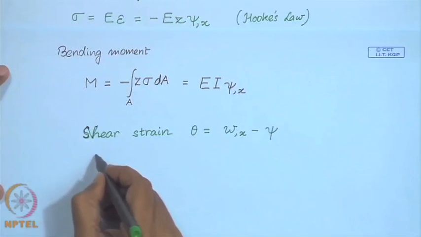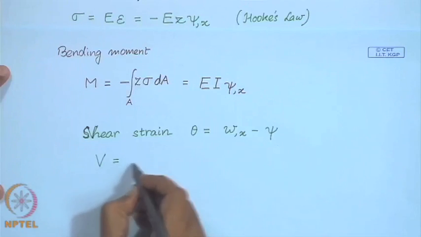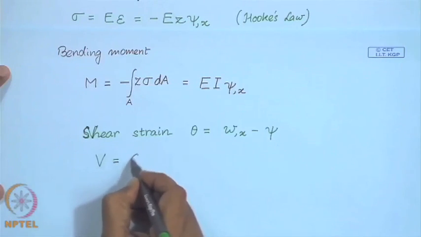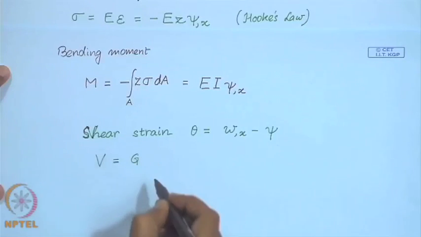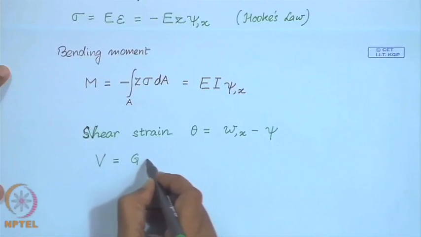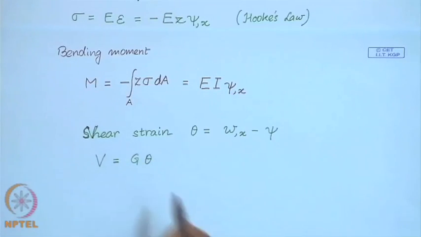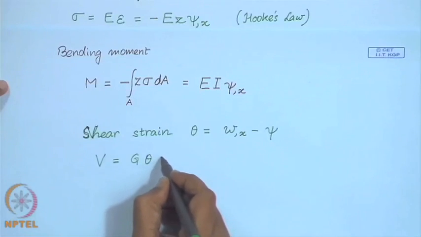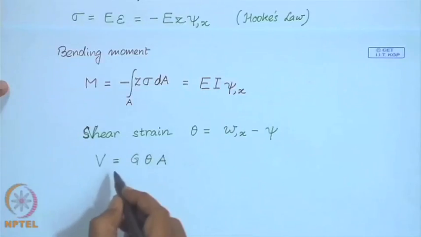Then I can write the shear stress acting on the cross section. The shear stress is G times the shear strain, where G is the rigidity modulus, times the area of the cross section, that is going to give us the total shear force.